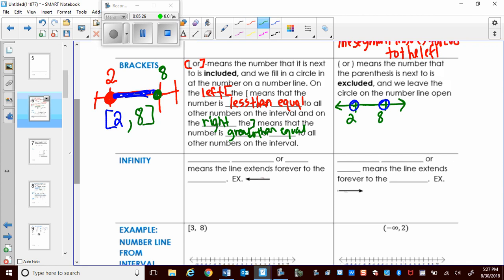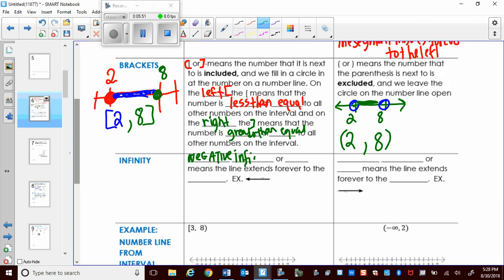And in fact, we would use parentheses to note that 2 is not included in the segment. It just means that 2 is less than all the numbers between 2 and 8. And 8 is greater than all the numbers between 2 and 8. Okay? Now, for infinity, negative infinity, we just briefly went over this.